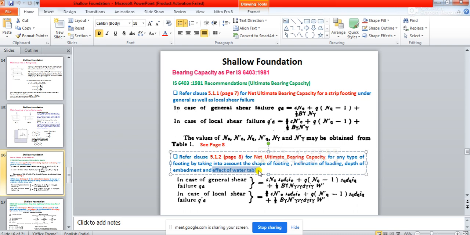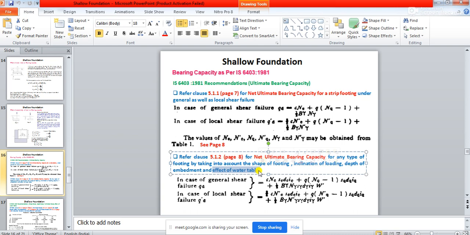Previously, when we discussed Terzaghi's bearing capacity, we said it is valid for strip footing, but Terzaghi also said that if you want to apply it for rectangular, circular, or square footing, you just change the formula by multiplying the bearing capacity factors, that is Nc, Nq, N gamma, with shape factor values, which are defined by Terzaghi.